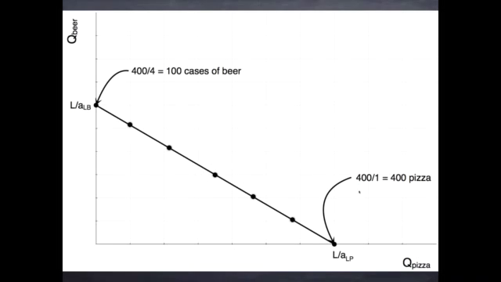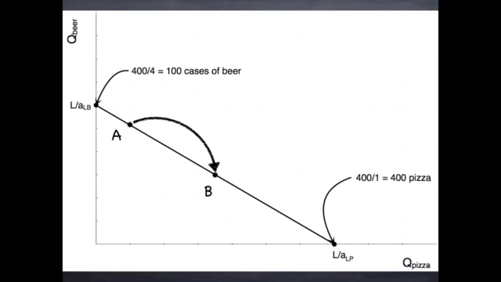labor, i.e. unemployment. So let's take a look at if we are at point A and we desire to move from point A to point B. What occurs is that you realize there's going to be a trade-off. In order to produce more pizza, we have to shift resources, labor, away from beer production over to pizza production.